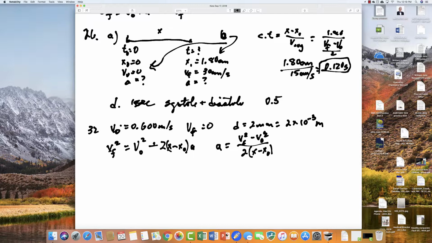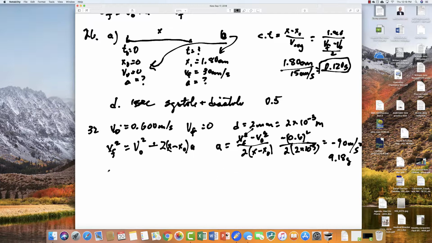And if you put the numbers in, Vf is 0, so you end up with a equals minus 0.6 squared over 2 times 2 times 10 to the minus 3. And so the deceleration here is minus 90 meters per second squared. And if you divide that by 9.8, you get about 9.18 G.